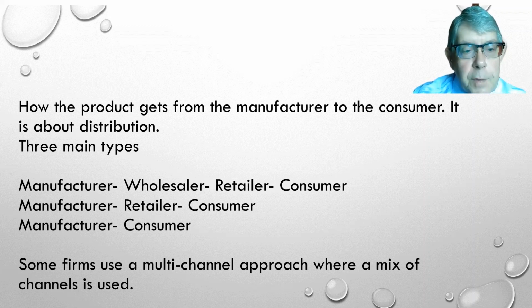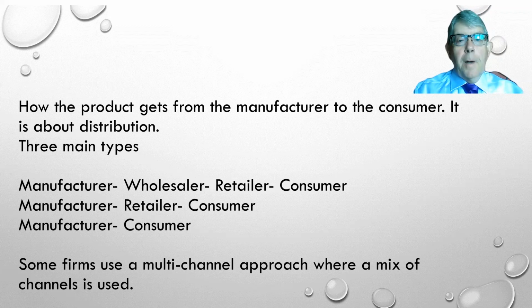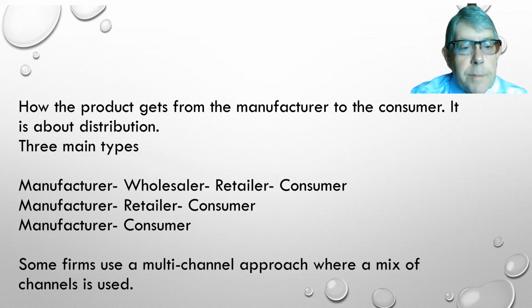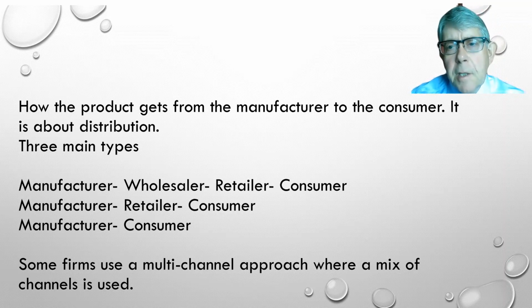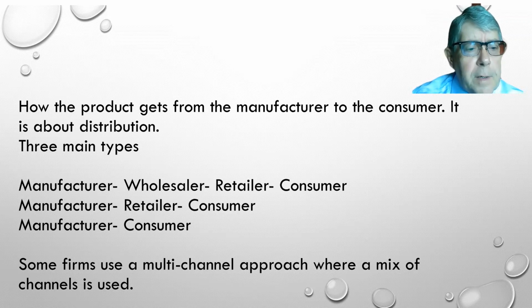The traditional method used to be the manufacturer, wholesaler, retailer, consumer, but in more recent times, we have examples of the retailer buying directly from the manufacturer. That would be like Tesco's buying straight from Coca-Cola. And then finally, we have the manufacturer to the consumer.